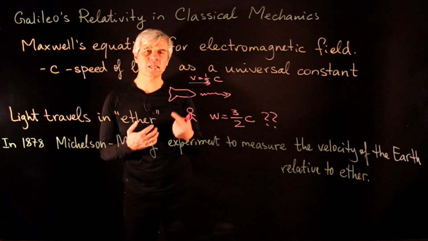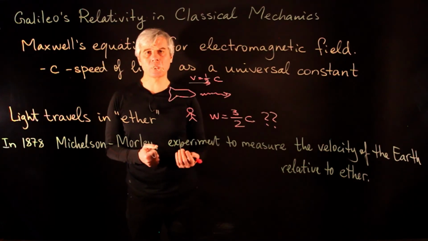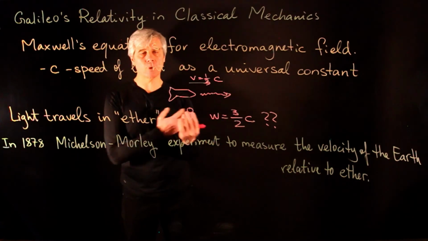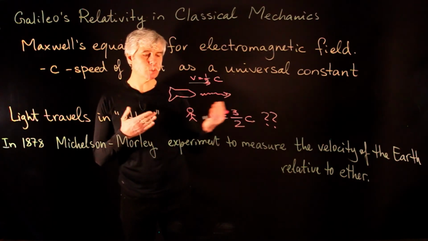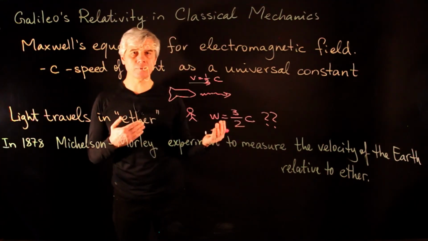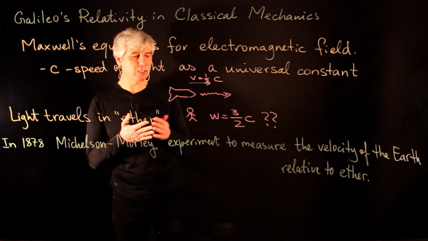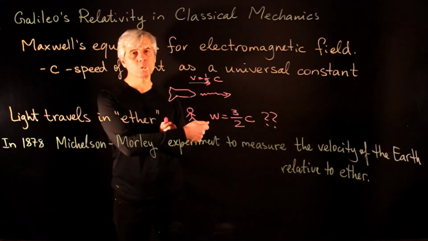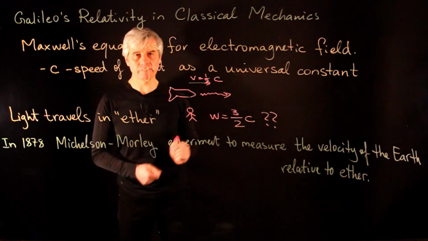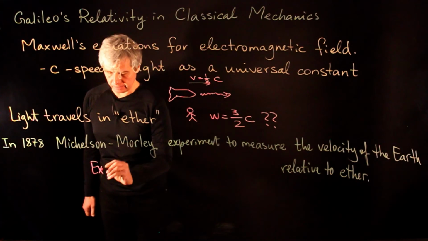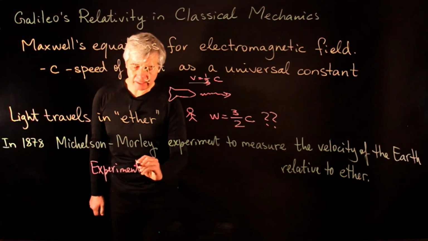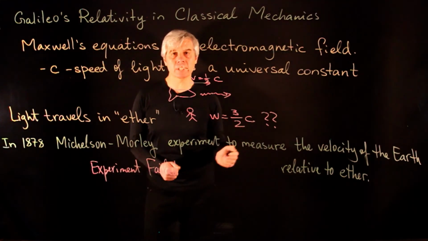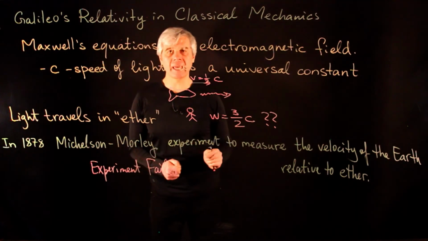What they did is that they assembled a device that can be used to measure the speed of light with a high precision and mounted it on a turnable platform. And then they expected to see the difference in the measurement of the speed of light if they align this platform in the direction of the motion of the Earth, compared to turning this platform 90 degrees. However, this experiment failed. That is, they detected absolutely no difference in the speed of light measured in any direction.